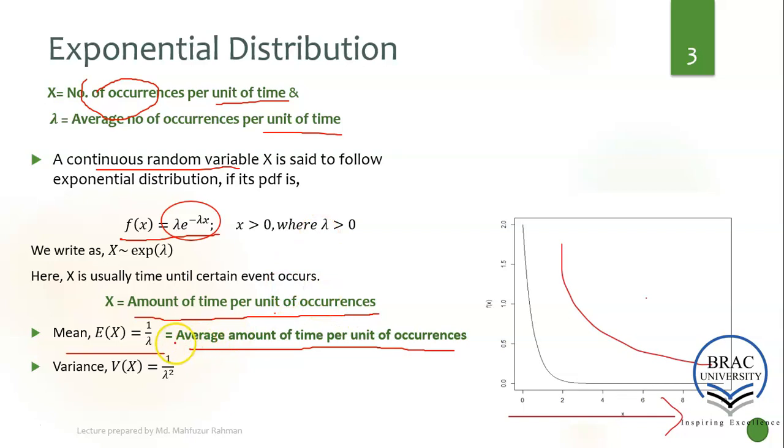So that's why the mean, or expected value, is 1 by lambda for the exponential distribution, and the variance is 1 by lambda square.